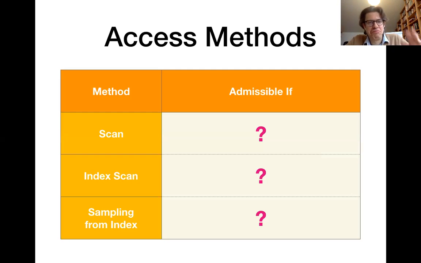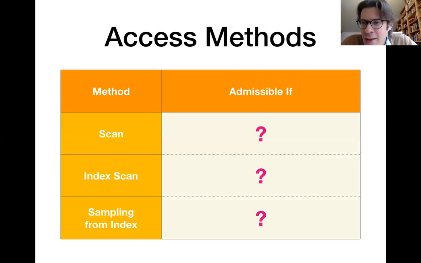So here we have multiple possibilities. We can either just scan the data in the order in which it is on disk. We can specifically scan the data in the order in which it appears in some index data structure. Or we can use a sampling based on an index.